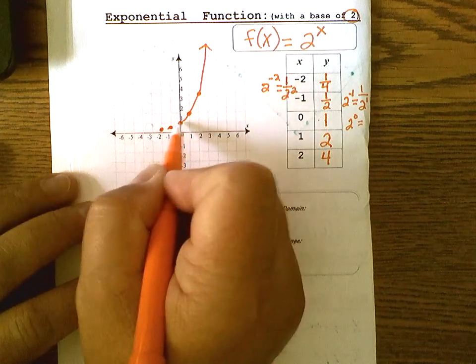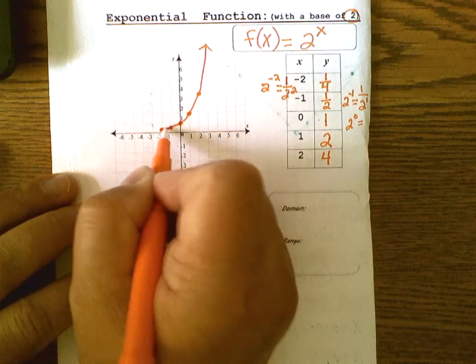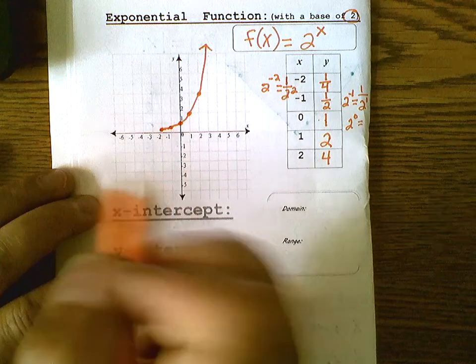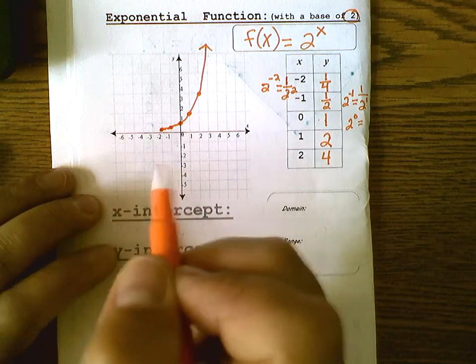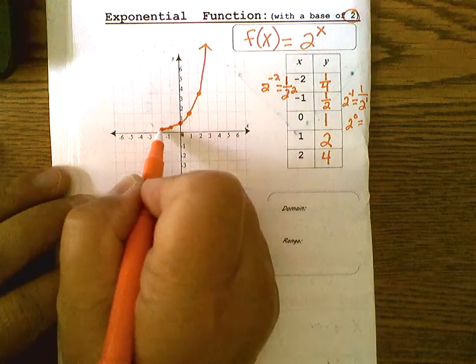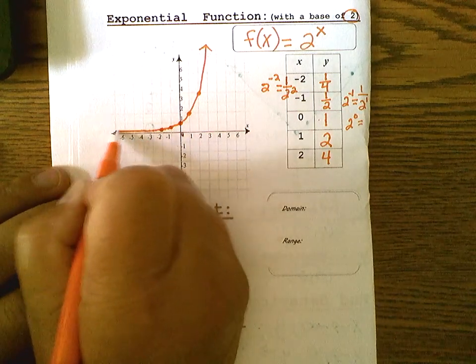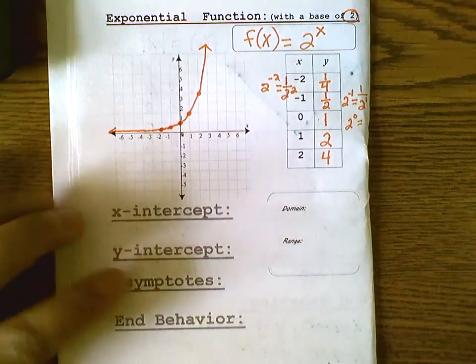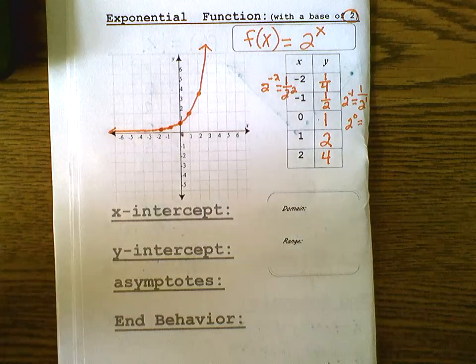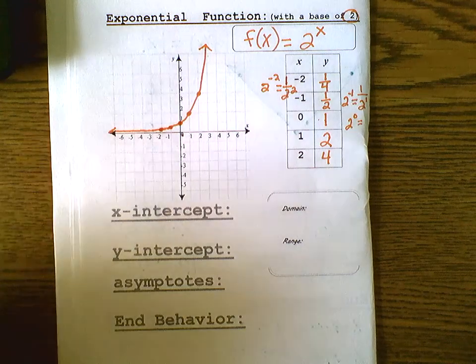So this is something very important, because if we're taking a half each time, that means every single time there's a half left over, which means we can never get to 0. So while this line will look like it's going to 0, we will never cross that x-axis. We will never make it to 0.